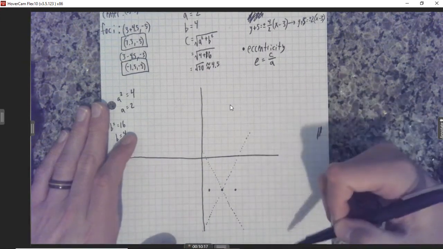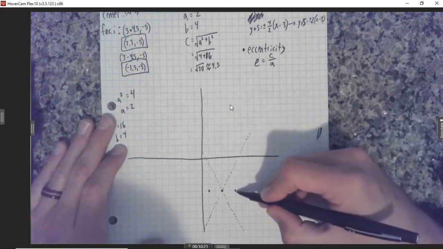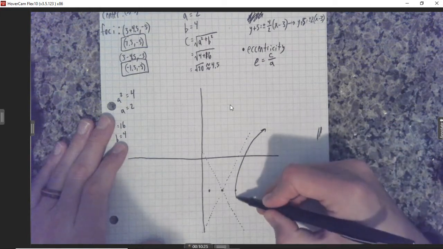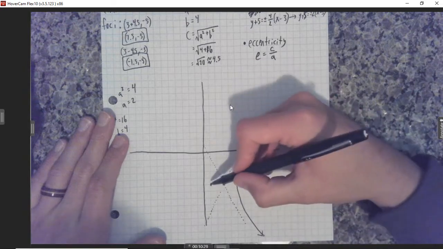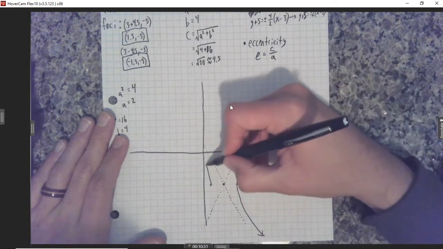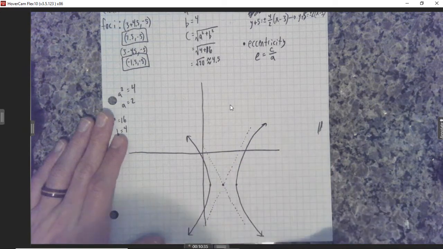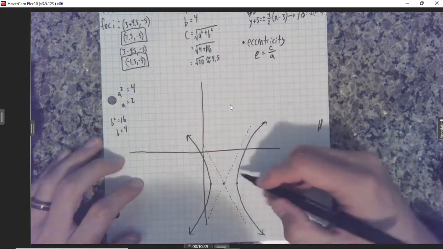Now we can actually fill it in, and we'll write the foci, but here it is. Here's the hyperbola. It's going to look something like that and that, and then same over here. So that's the actual hyperbola. We'll make sure to write our foci as well.